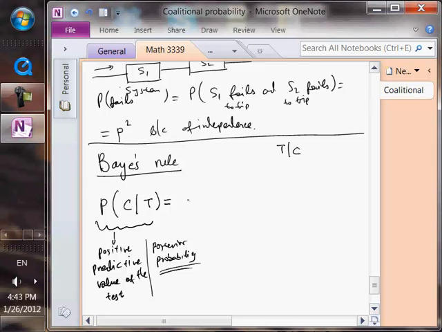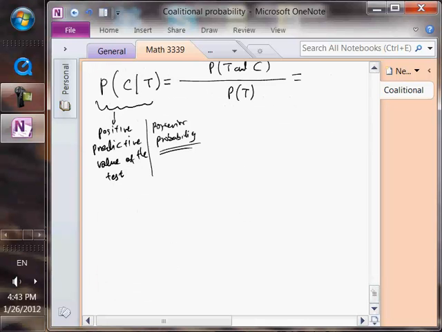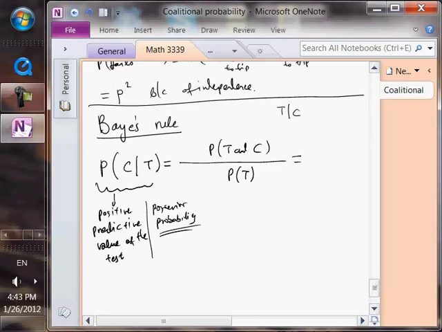We want to calculate this. So to calculate this, we simply apply the rules of probability. P of T and C over the probability of T. That's exactly the definition of conditional probability. And now here, I'll leave some space because actually I'm going to write one more equation, P of T and C. What is P of T and C?